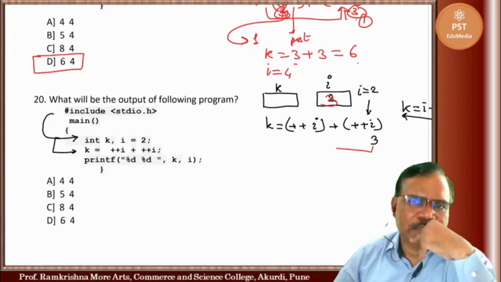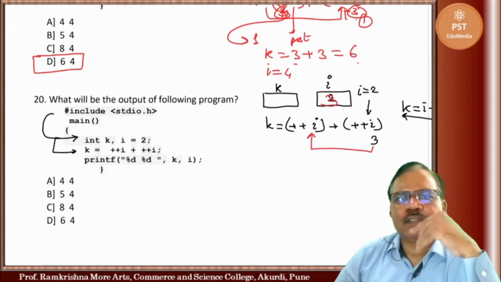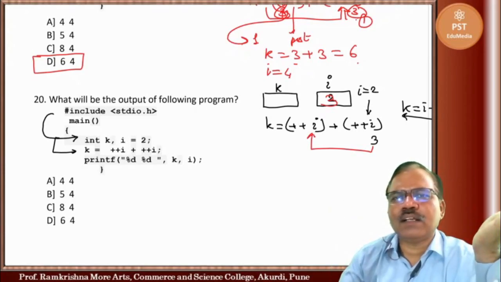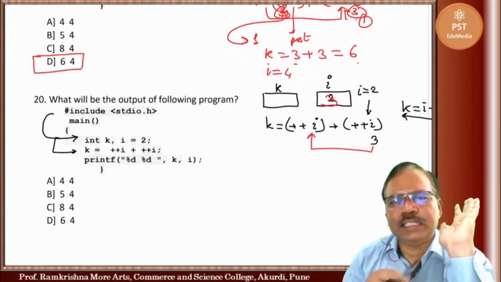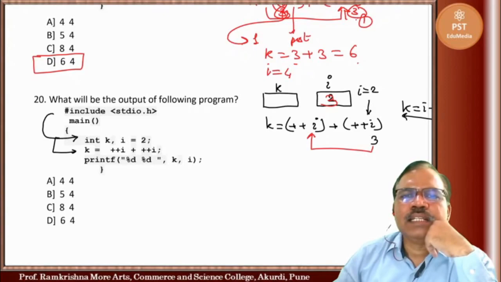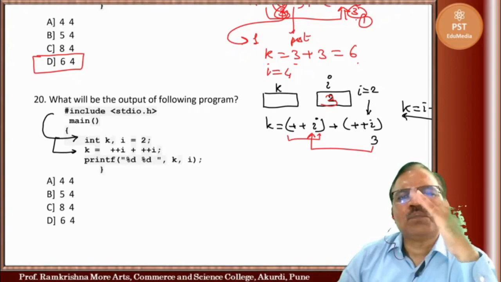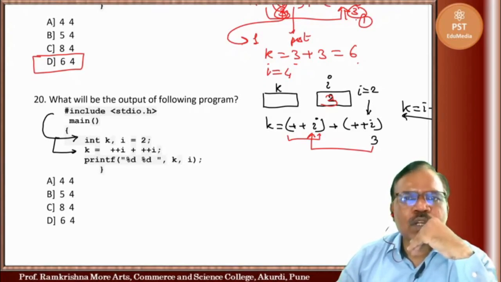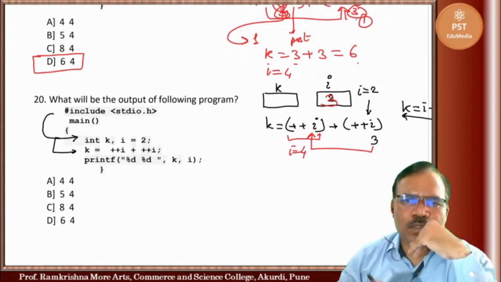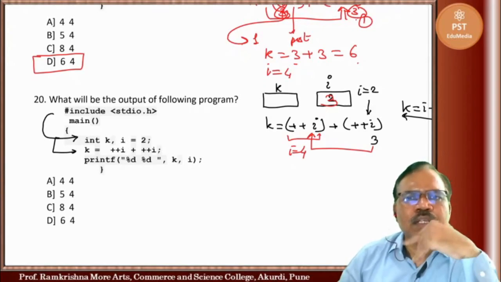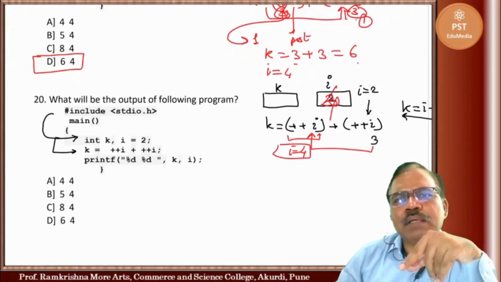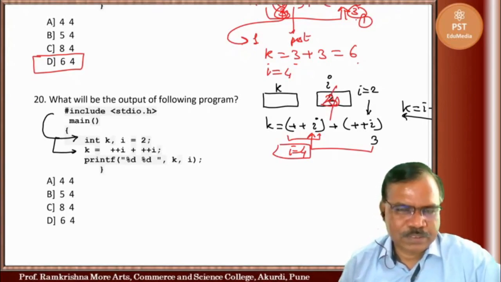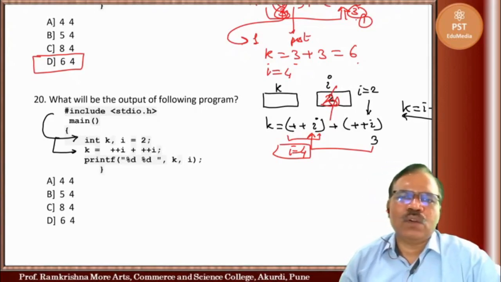Then it comes here. Here again it is a pre-increment, so first it is increased. Now i becomes 4, increased by 1, so it also becomes 4 at the memory location.